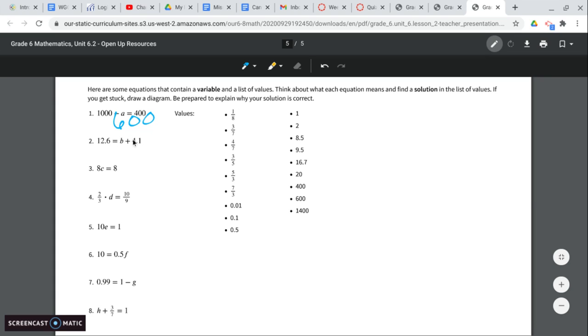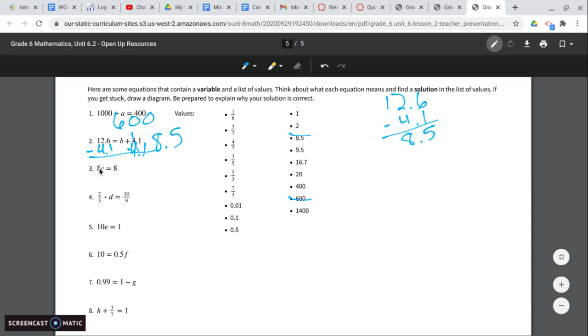So what do we need to add to 4.1 to get to 12.6? We can also subtract the 4.1 from both sides. So 12.6 minus 4.1 is 8.5. So 8.5 is our answer.